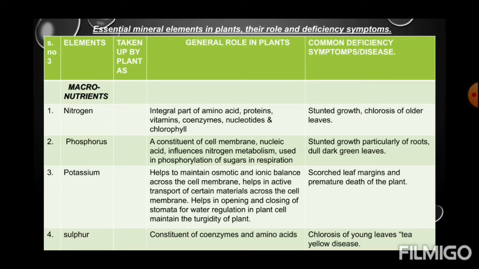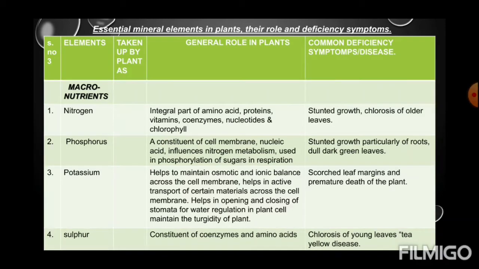When stomata open and close, this is done by the potassium gradient. The inflow and outflow of potassium helps to do this. With the help of this regulation, potassium helps to maintain the osmolarity of the cell. The salt and water percentage is maintained by potassium.